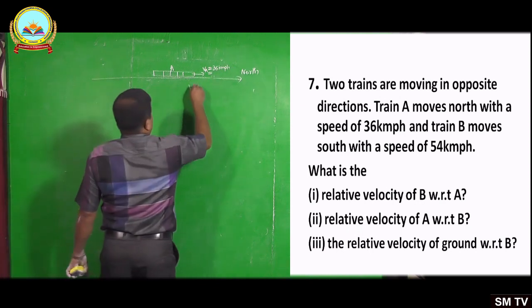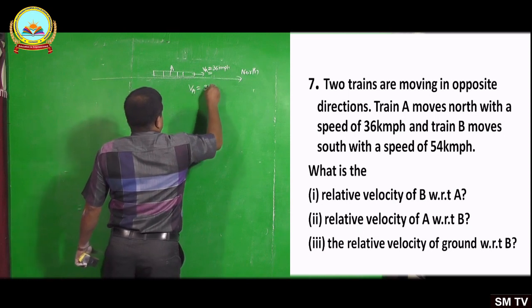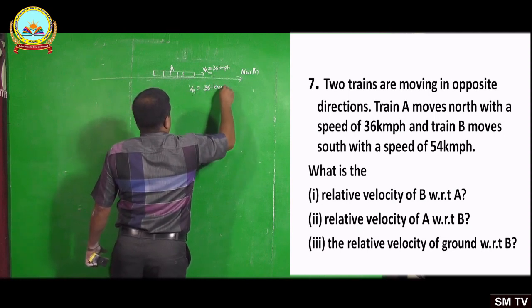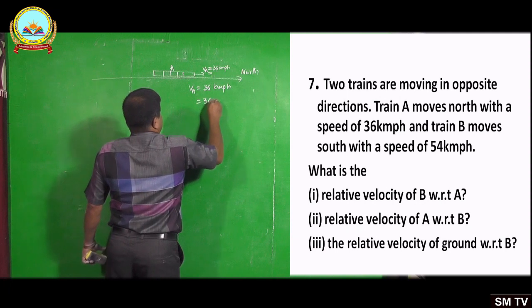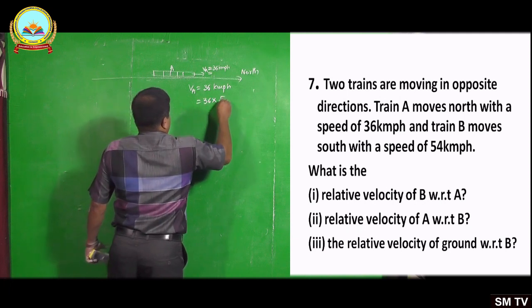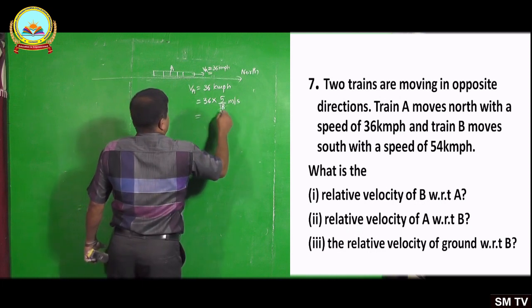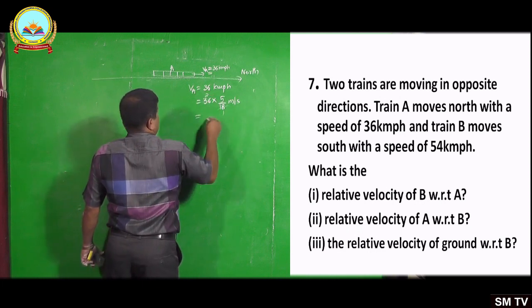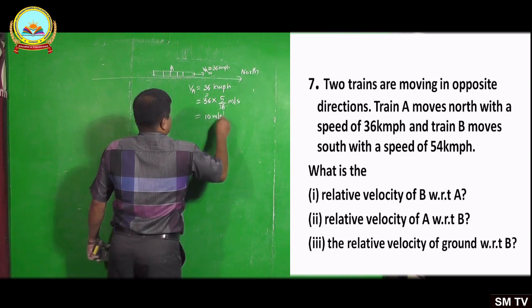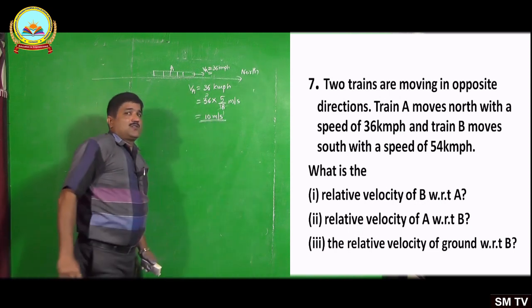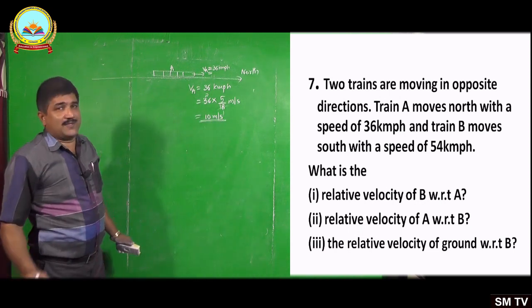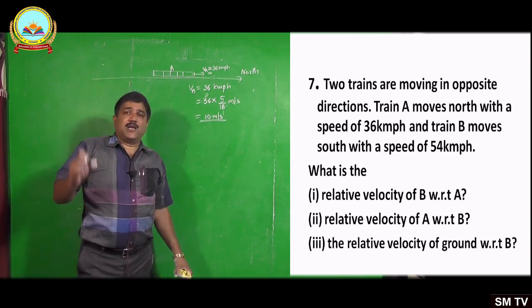The conversion is there. So velocity of train A, VA, is 36 kmph. When you convert into meter per second, 36 times 5 by 18, you can multiply directly, in meter per second. Normally, speed in vehicles we measure with the help of a speedometer.